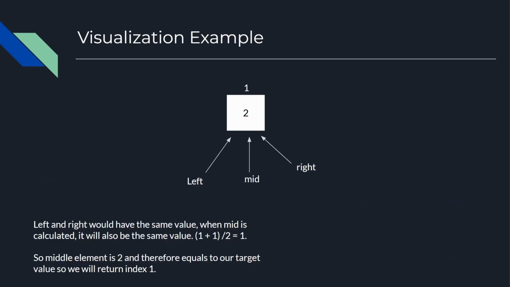After setting the boundaries and calculating the middle index, we can see that all three variables are pointing to the same index. So when we compare our middle element to our target element, we can see that it equals our target. So we will return our index 1.